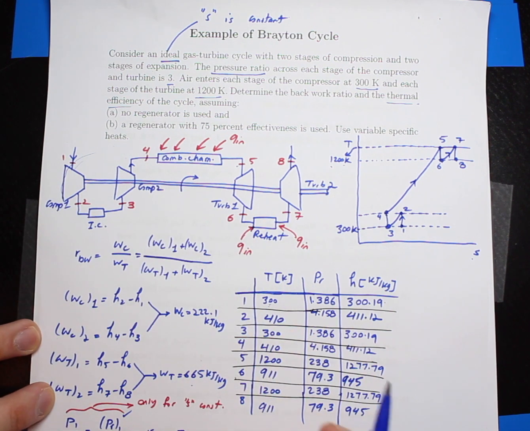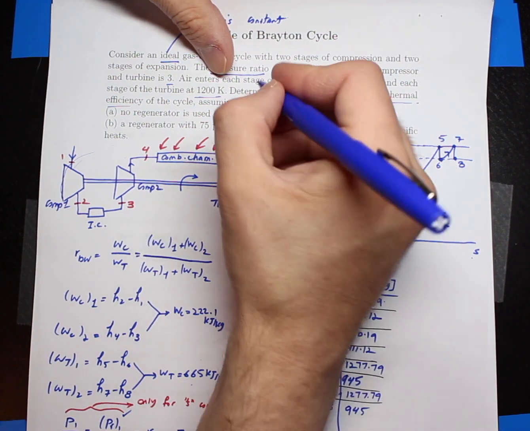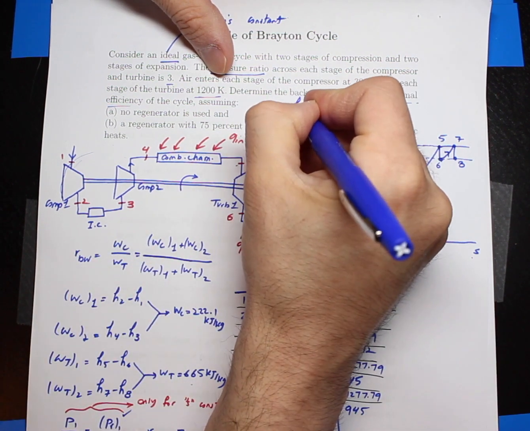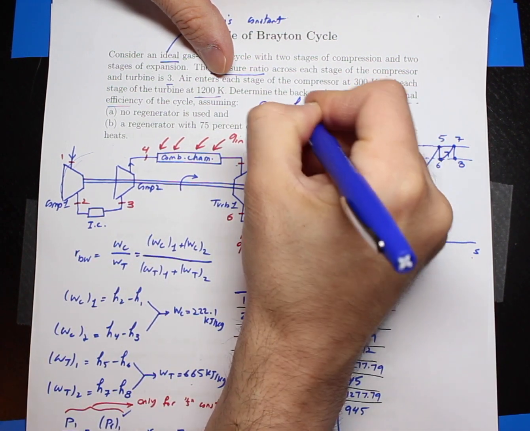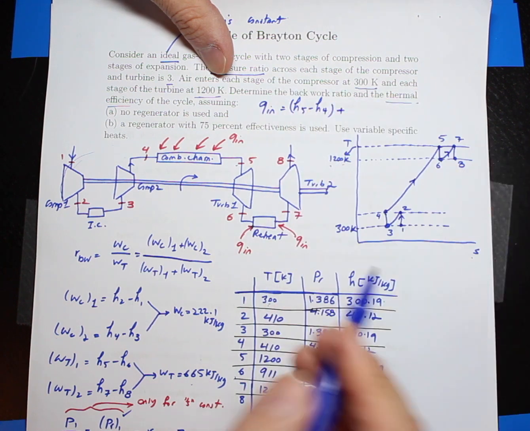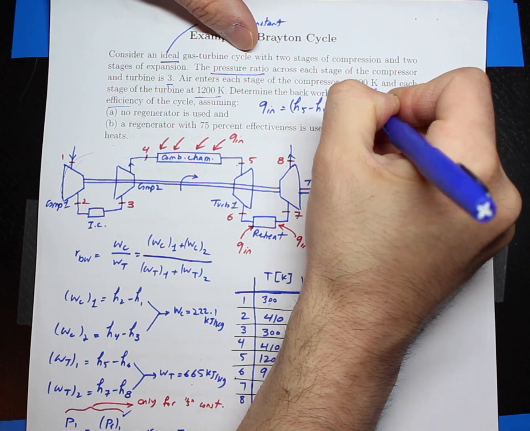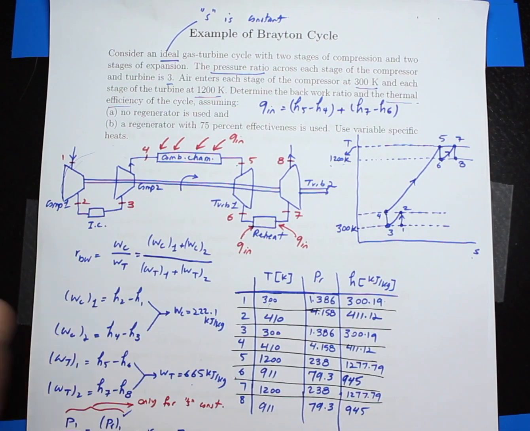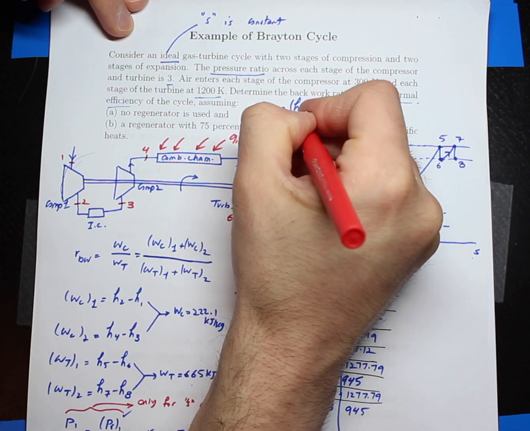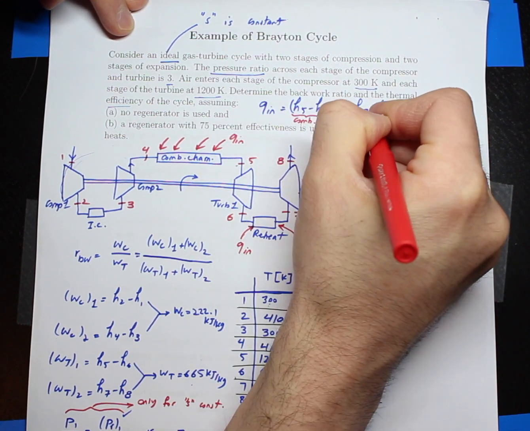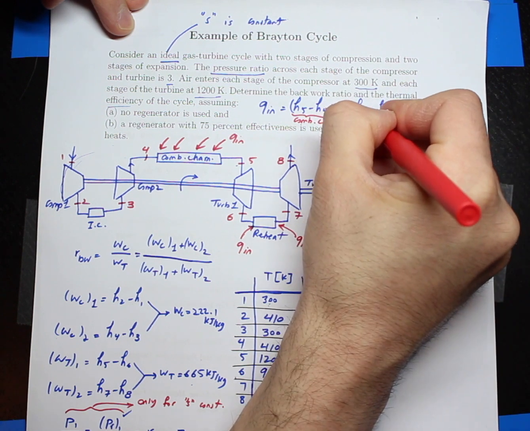So if I want to develop Q in, maybe I can do it here. My Q in is H5 minus H4, that's stage 1, plus H7 minus H6. The first stage occurs within the combustion chamber, and the second stage occurs within the reheat.